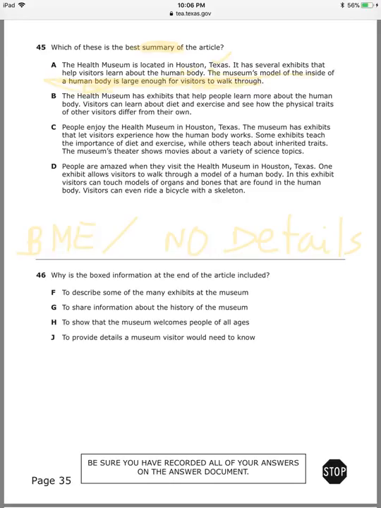So is it mentioning everything that the article is mentioning? What about the theater? What about the exhibit that never changes, the one that is permanent? So let me see. Letter B. The Health Museum has exhibits that help people learn more about the human body. So far so good. Yes. Visitors can learn about diet and exercise and see how the physical traits of other visitors differ from their own.